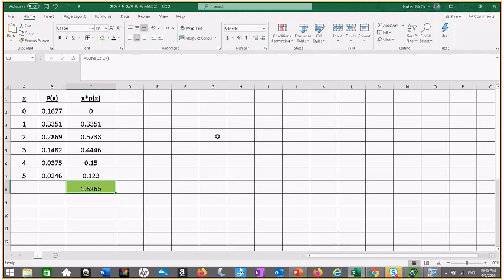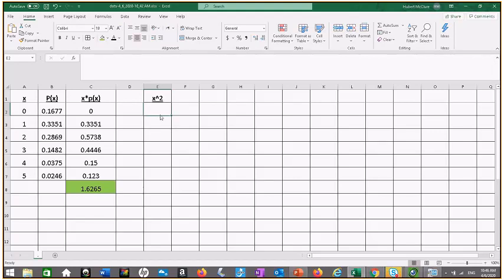And let's figure our standard deviation, because our variance, I'm going to write down the formula, is equal to the summation of x squared times p of x minus the mean squared. So I've got to take x squared, and I have no idea if they're asking this or not, but I have a feeling they are.